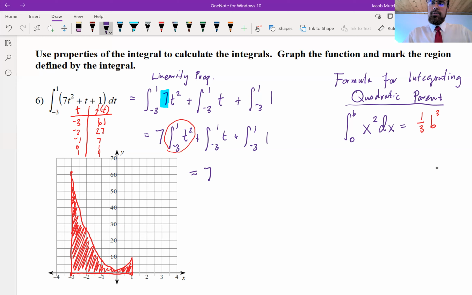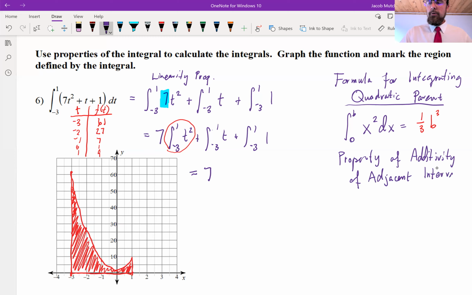So let me put these 2 properties forward. So this is the property of additivity of adjacent intervals. I'm sorry, not integrals, adjacent intervals.